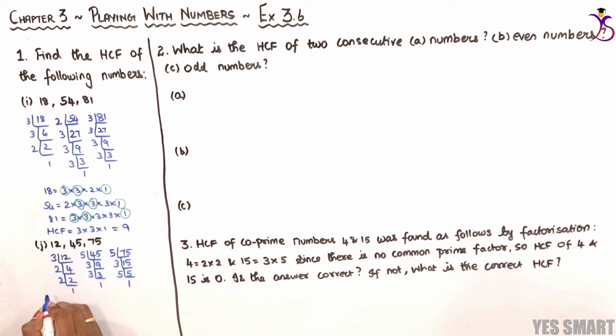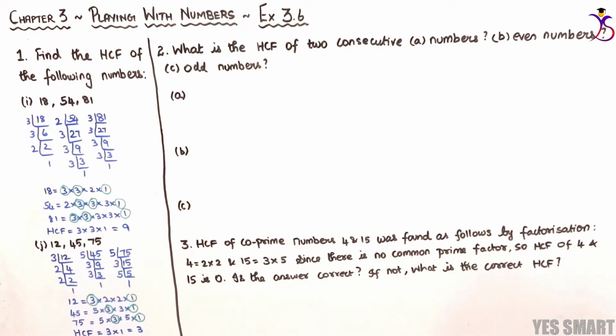Now let's write the factors. 12 equal to 3 into 2 into 2 into 1, and for 45 we have 5 into 3 into 3 into 1, and for 75 it's 5 into 3 into 5 into 1. So let's circle the common factors. We have 3 here and 1. Therefore, HCF equal to 3 into 1, which is 3.